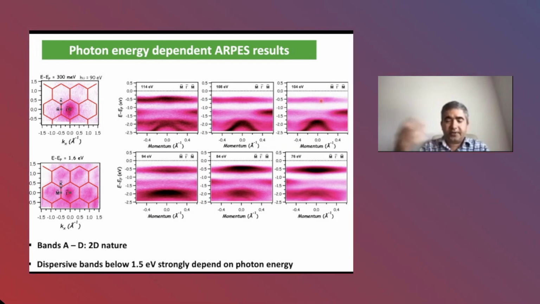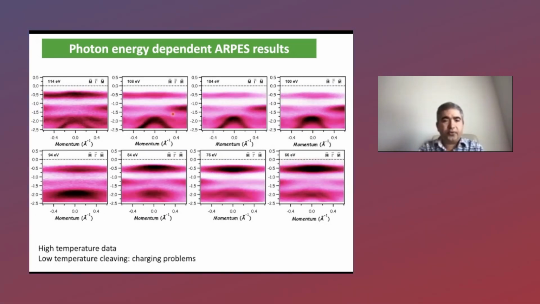It doesn't disperse much with the photon energy, but this band around 2 eV below is highly dispersive with the photon energy, so it's mostly 3D in origin. This is more photon energy dependent data, which clearly shows less dispersive band near the Fermi level, but highly dispersive band around 1.2 eV.